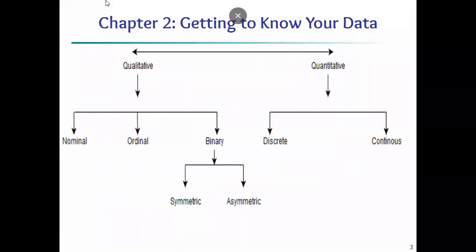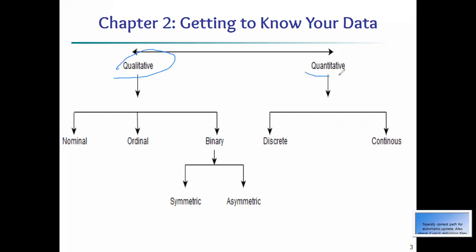There are two parameters given here. You can easily understand that there are two major parts of data, that is qualitative and quantitative data. What is meant by qualitative and what is meant by quantitative, we'll see in detail.